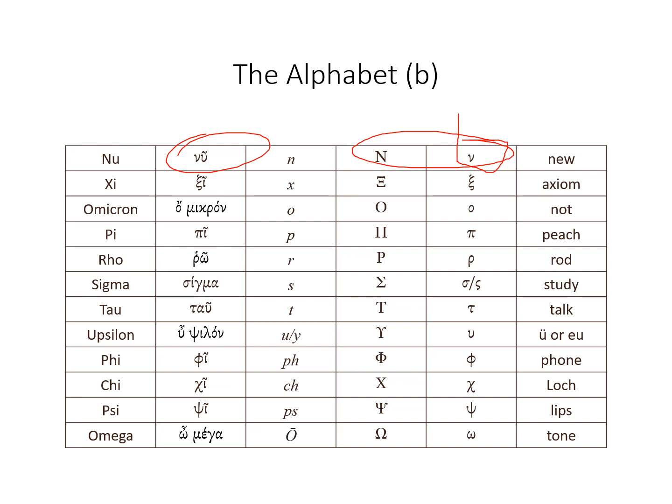On to xi. This sound has a K and an S together, xi, with a short I sound after xi. Omicron, another of our vowels, pi.